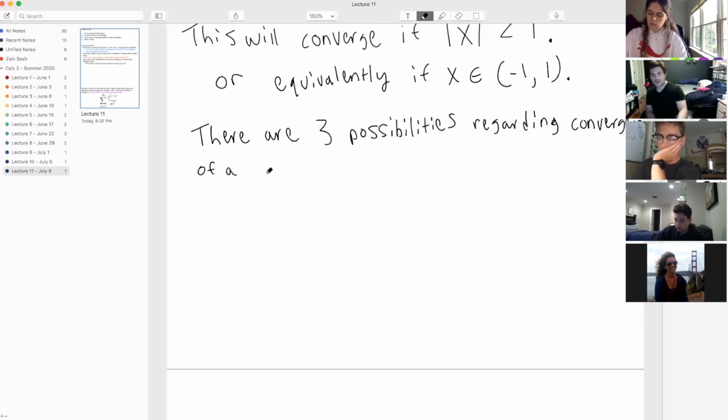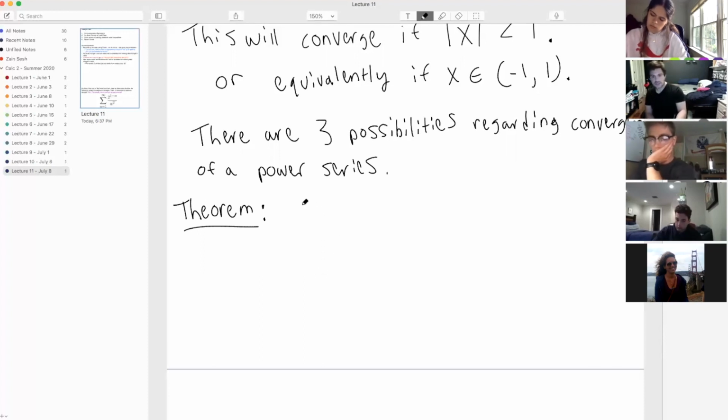This will come in the form of a theorem. You're doing another case 1, case 2, case 3? There's going to be 3 statements here. Yeah, there's going to be a case 1, case 2, case 3. All right, so here is the theorem.